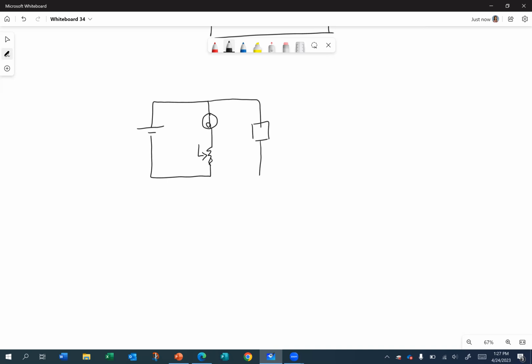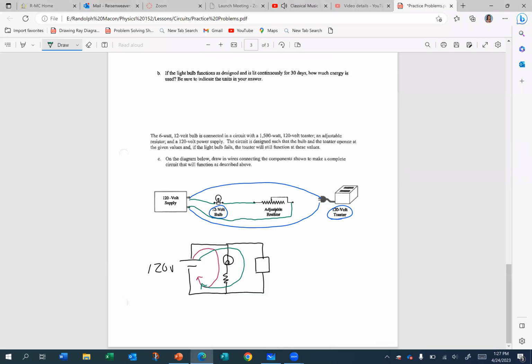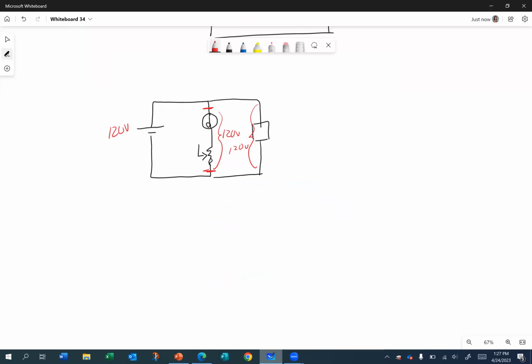Now, if this is 120 volts, then this path gets 120 volts, and this path gets 120 volts. So both pathways get 120 volts. That's okay for the toaster because it operates at 120 volts. But we need our light bulb to only accept 12 volts. So what we want is this to be 12 volts.